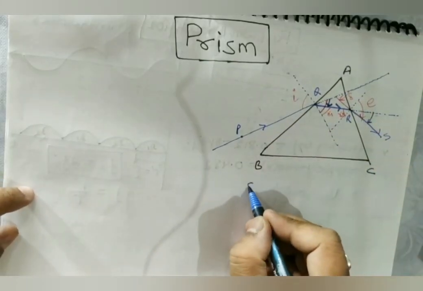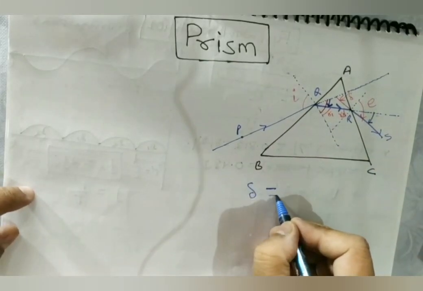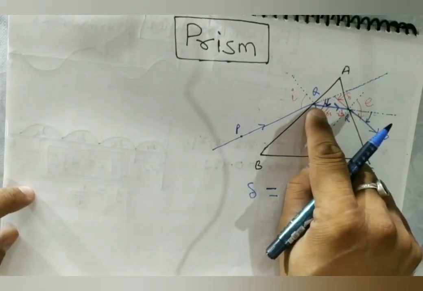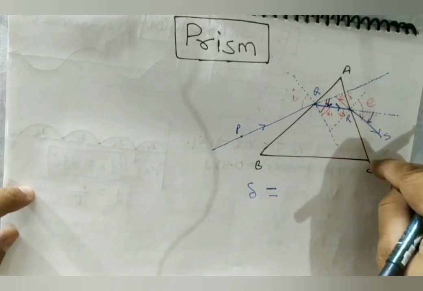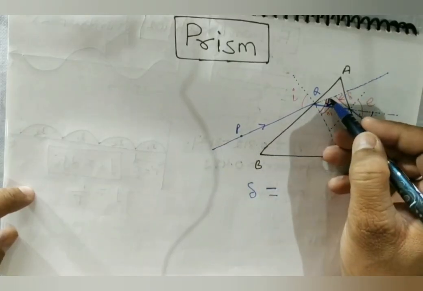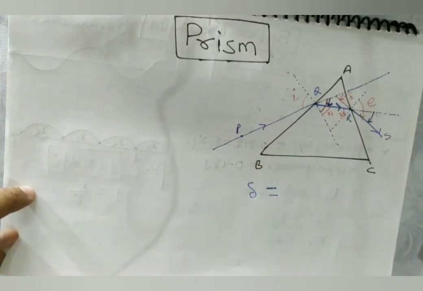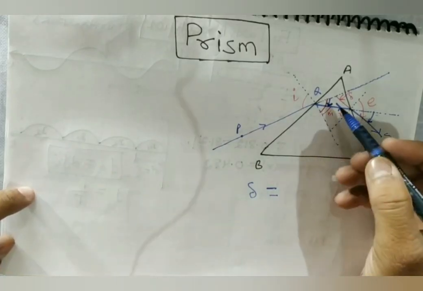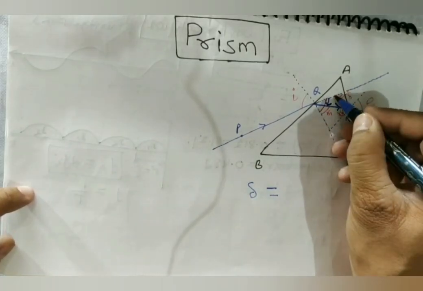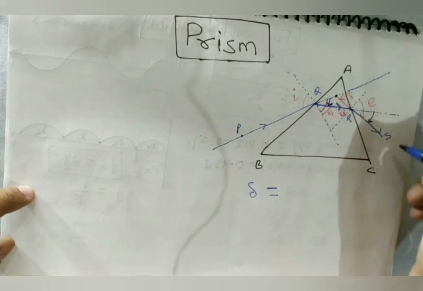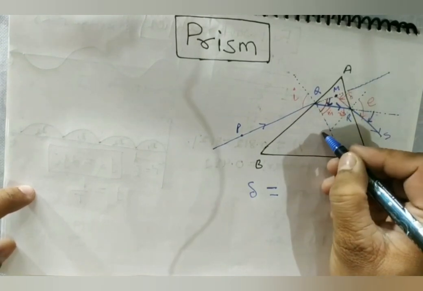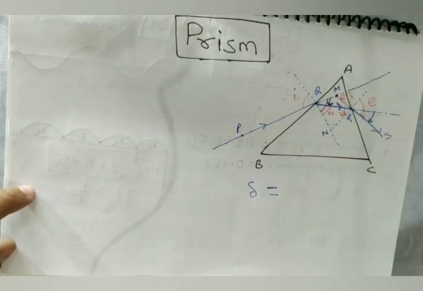So if I calculate the total deviation, I have to add the deviation produced by this surface and the deviation produced by the other surface. At surface AB, the deviation produced is this angle. For the ray PQRS, say this is M, and this as N.